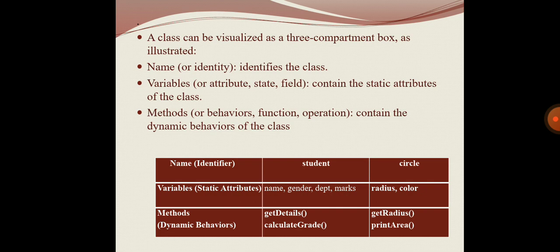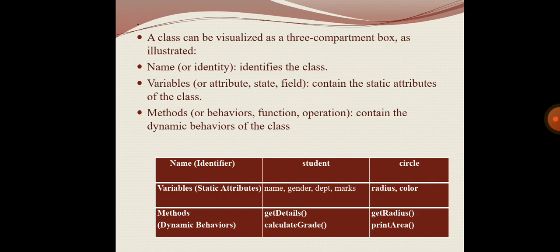A class can be visualized by three components as illustrated here. Name identifies the class, variable contains the static attributes of the class, and method contains the dynamic behavior of the class. Examples given here are Student and Circle. In the Student class, we have the attributes date, name, gender, department, mark, and get detail of, calculate, grade of are the methods.